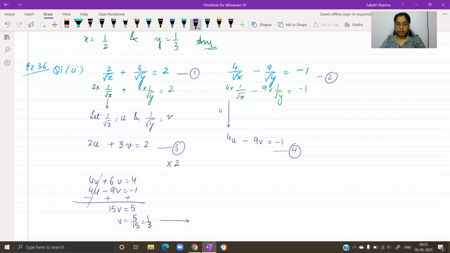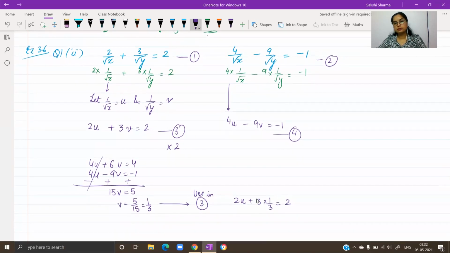Use the value of v in any of the equations. I'm using it in equation number 3. Obtain the value of u from here. 1/2.